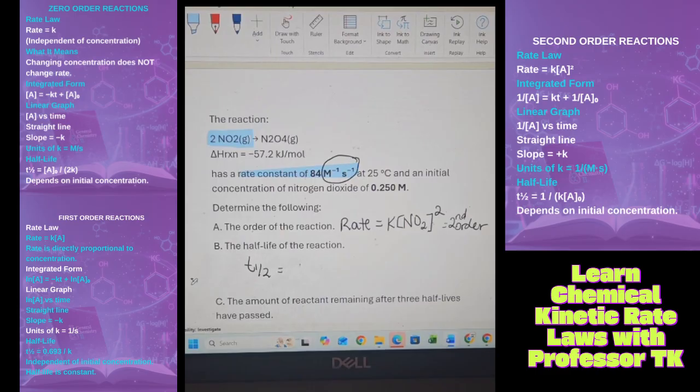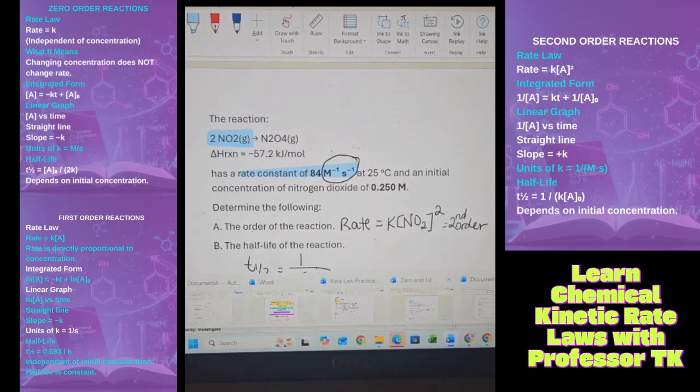In this case, we're going to be working with 1 over k times the initial concentration. They have to give you the units because the units will tell you the story. So we cannot leave this problem hanging without units, okay?